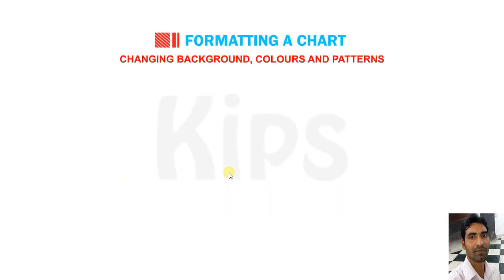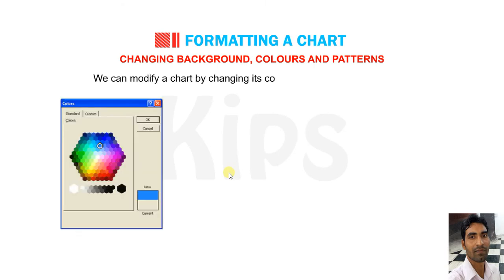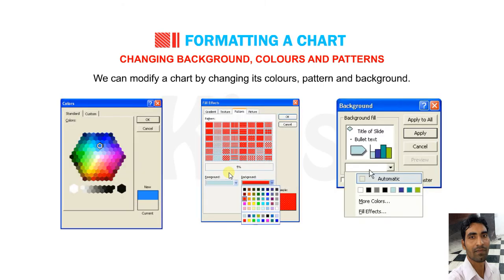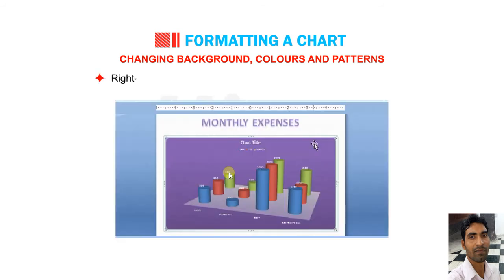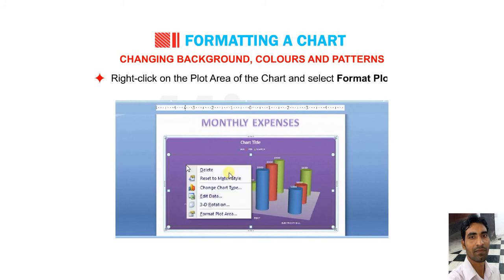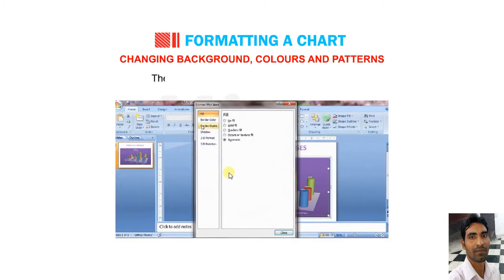Now we will discuss changing background, colors and patterns. We can modify a chart by changing its colors, patterns and background. Right-click on the plot area of the chart and select Format Plot Area from the context menu. The Format Plot Area dialog box will appear.